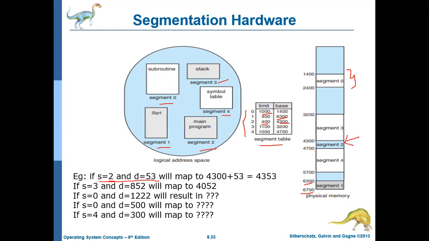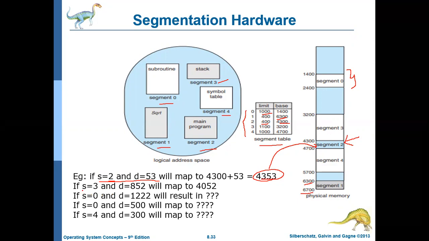Now take the D value, D is 53. What is the corresponding limit value? 400. So 53 is less than 400, so it is a legal address. Just add 4300 with 53, and what you get is 4353. This will be the actual physical address.